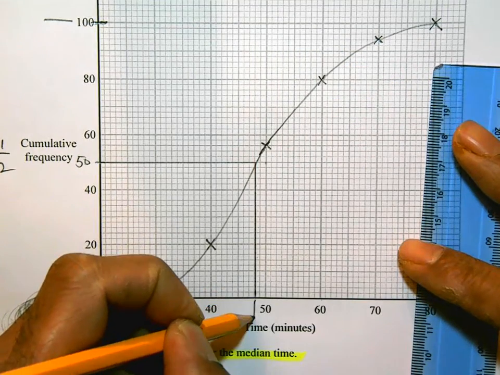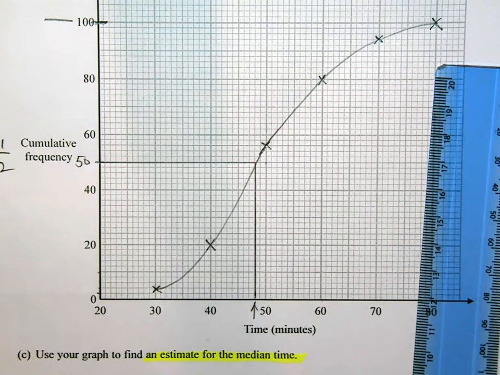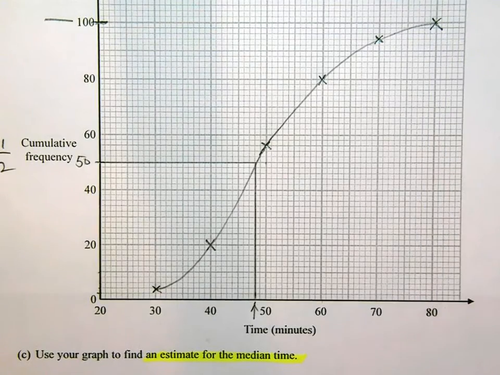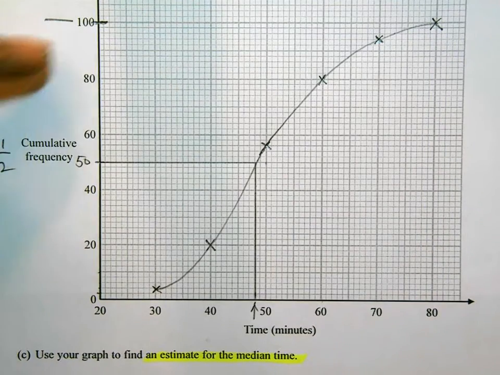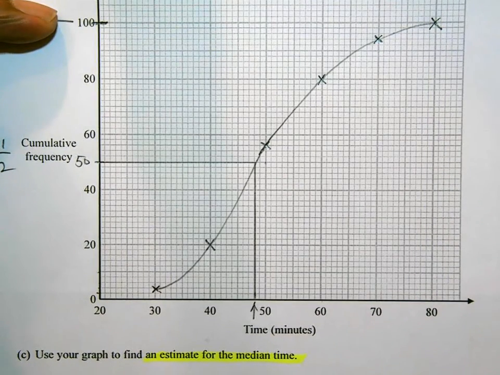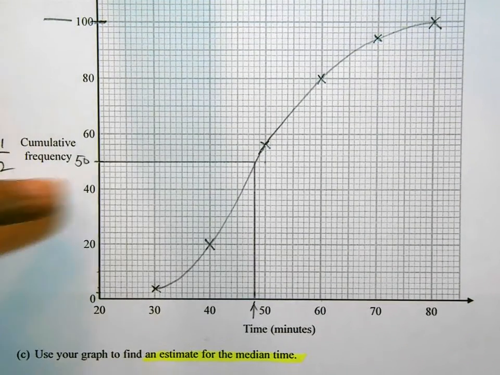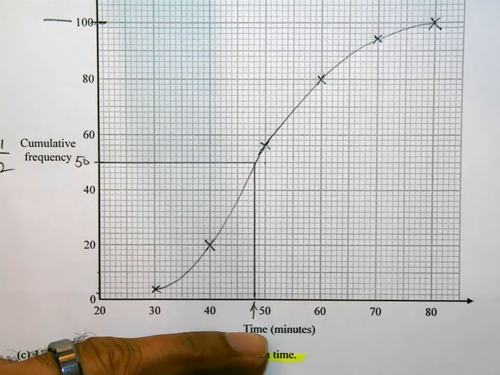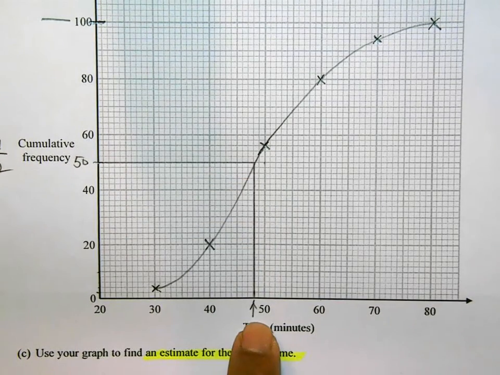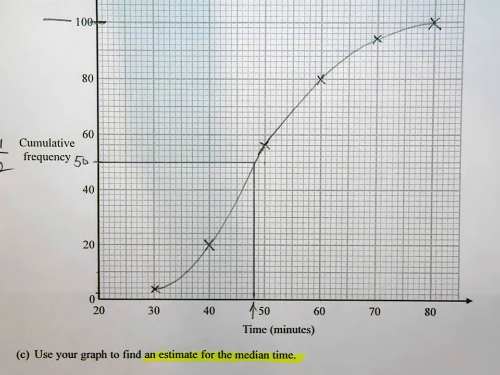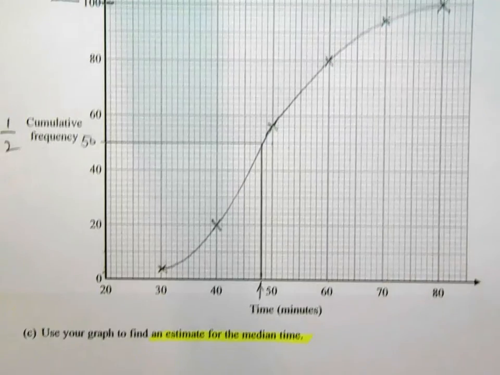Come back down to the time, and I need to read off that value to give me my median. Make sure you understand this. There are 100 that it goes up to. Half of 100 is 50. Go across from 50 and down, and that's going to give you your median time.